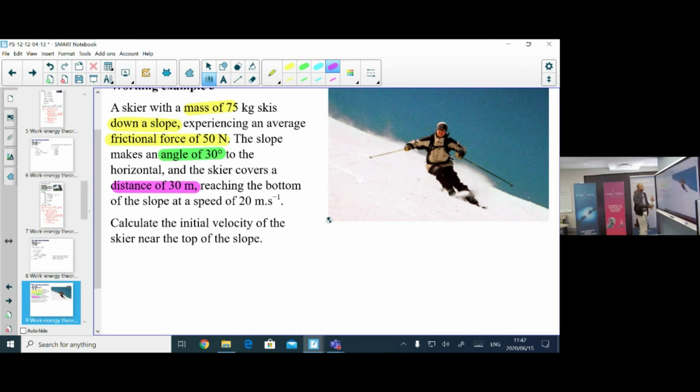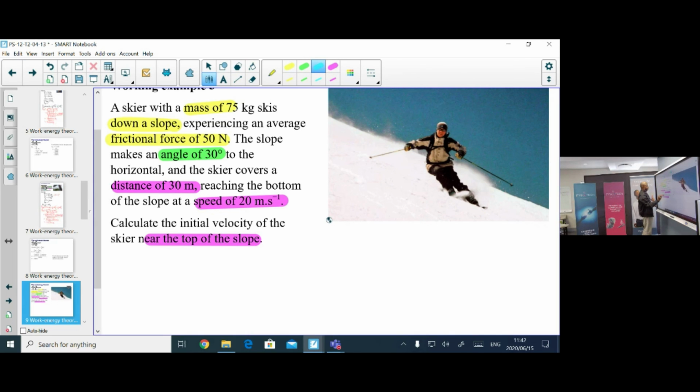In other words, we have the final velocity. Calculate the initial velocity of the square near the top of the slope. We are looking for initial velocity.